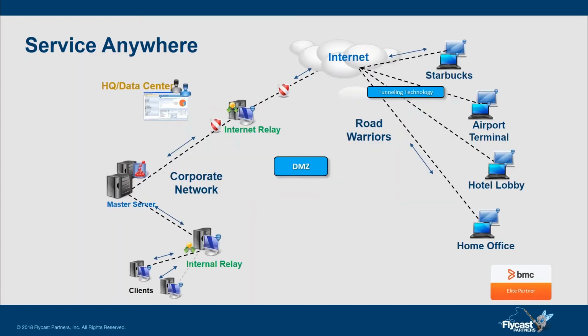Now, this also gives you a view of what we talked about with the idea of service anywhere, where you can have those remote users with the relay points you see here, like the internet relay that allows those users at home to get the software and patches and send their data up, as well as internal relay points, so that you don't have a big hub and spoke where everybody's grabbing things from one central point.